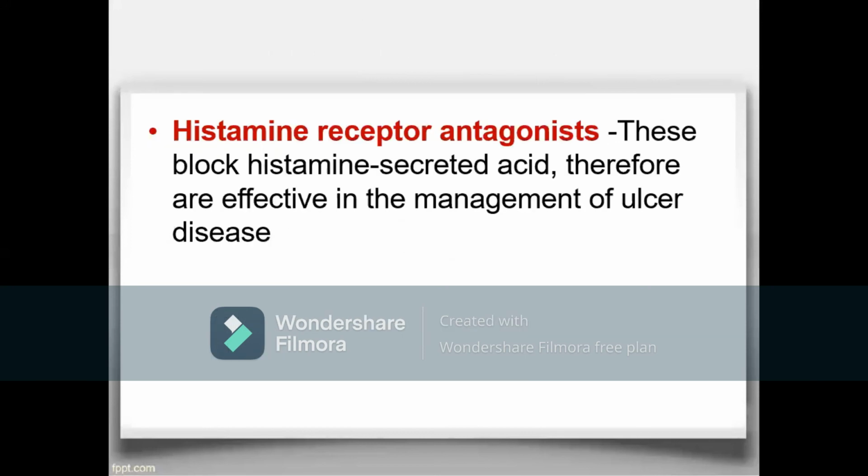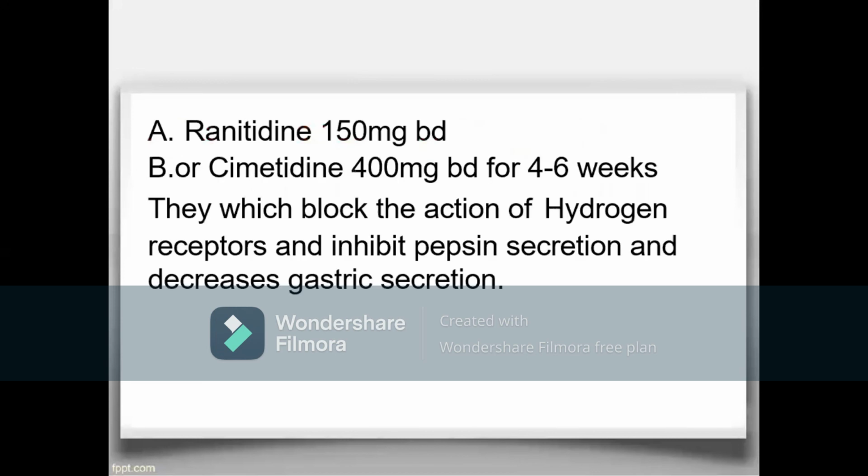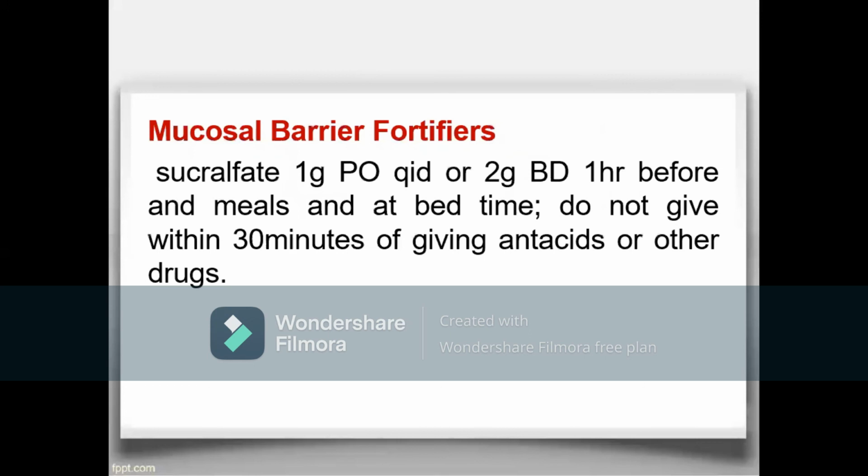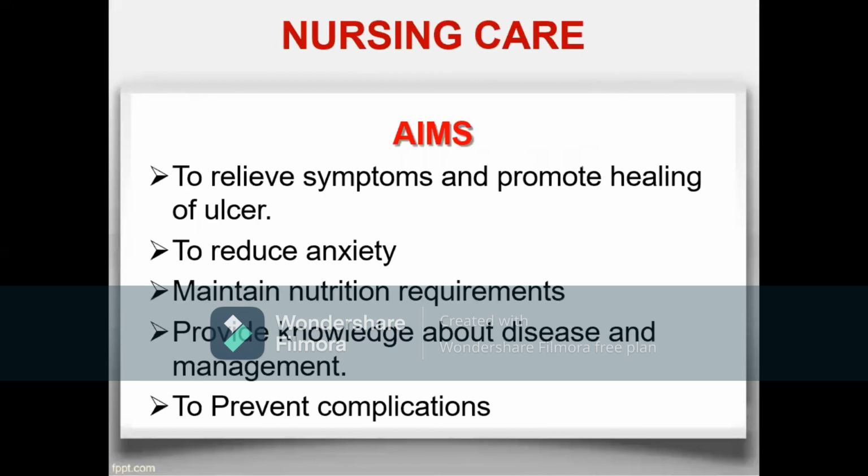Histamine receptor antagonists, these ones, they'll block histamine secreted acid, therefore they're effective in the management of these conditions. Cimetidine 400 milligrams BD could be the drug of choice. Mucosal barrier fortifiers, of course, they can be given if they are available.